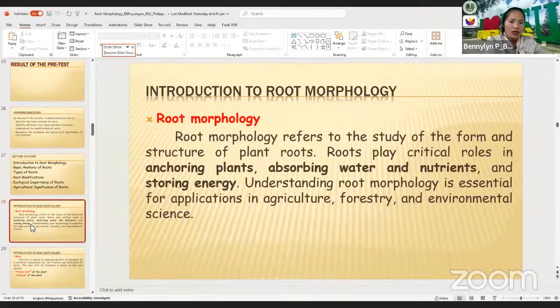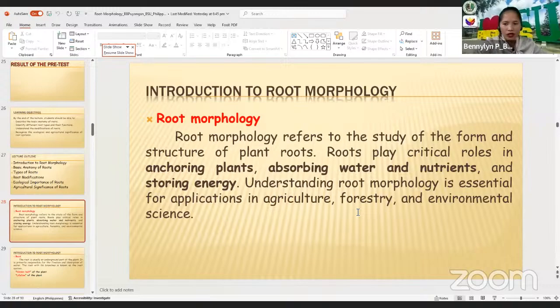Okay, so to start with lesson 1, which is the introduction to root morphology. Root morphology refers to the study of the form and structure of plant roots, wherein the main functions of roots are anchoring plants, absorbing water and nutrients, and storing energy. 2A and 1S.